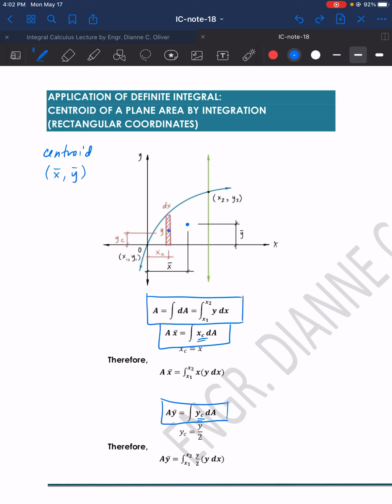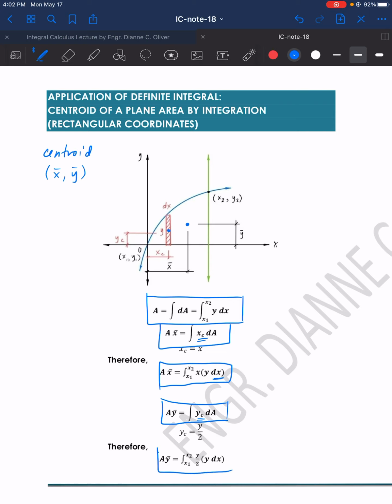So if we substitute it in the general formula, we will find A x bar is equal to the integral of x times y dx. Then the limits are x1 to x2 because we are using dx.